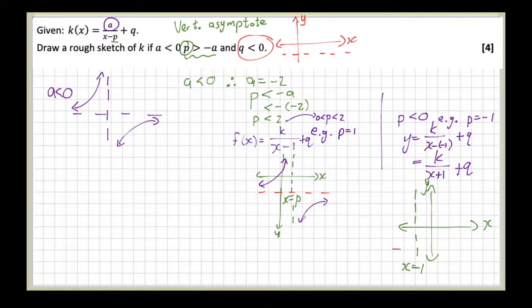My q value is still negative, y equals q, and my graph lies in quadrants 2 and 4. There we go. So I have possibility 1 as well as possibility 2.